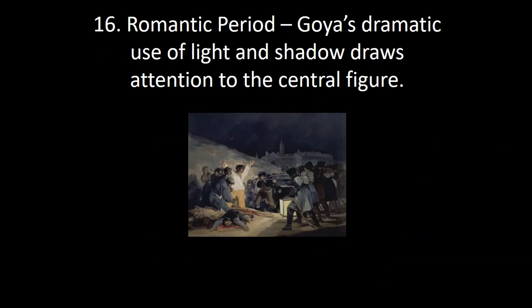Question 16. Still part of the Romantic period. What characteristic describes The Third of May, 1808, by Spanish Romantic artist Francisco Goya? The Third of May, 1808, painted by Francisco Goya, depicts the battle at Medina del Rio Seco in Spain.